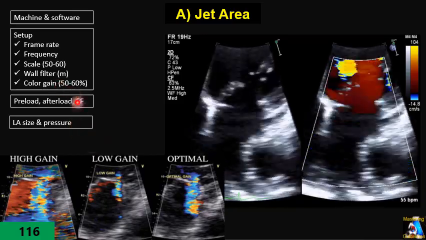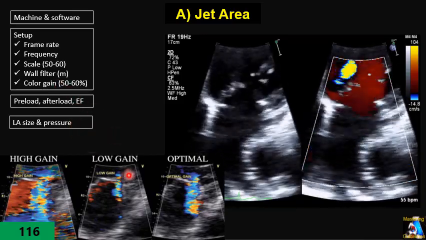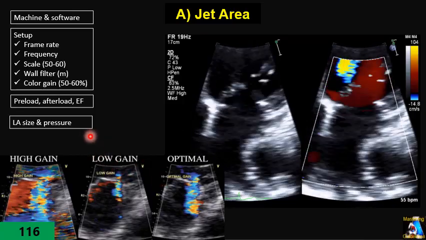In acute MR, because the LA doesn't have enough compliance, the pressure goes very high very fast, so the jet area drops.